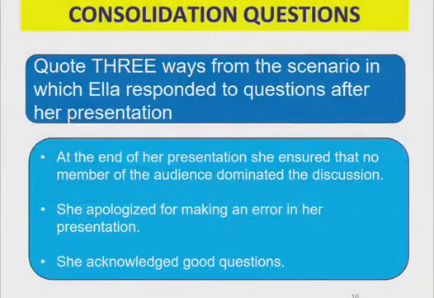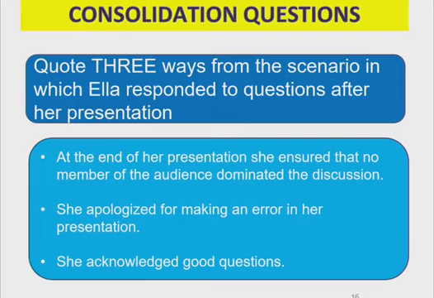Okay, so we're quoting 3 ways from the scenario, grade 12s. It's coming directly out of that scenario. And it says there, at the end of a presentation, she ensured that no member of the audience dominated the discussion. Then she apologized for making an error in her presentation. And lastly, she acknowledged good questions.